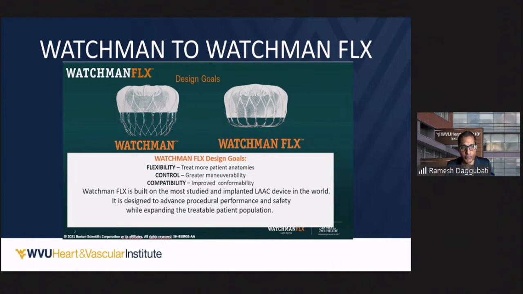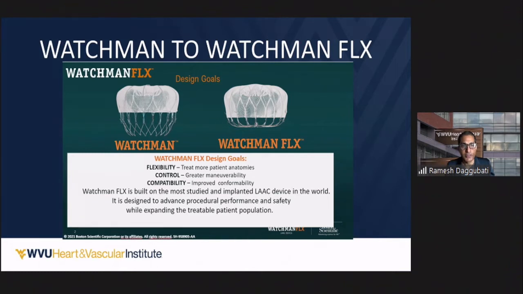We are increasing the treatment patient population by using WATCHMAN, not only in people who are high bleeders, but also enrolling them in clinical trials such as the OPTION trial, which we just closed with WATCHMAN: ablation for atrial fibrillation, and post-ablation patients can be randomized either to the WATCHMAN device versus a NOAC.